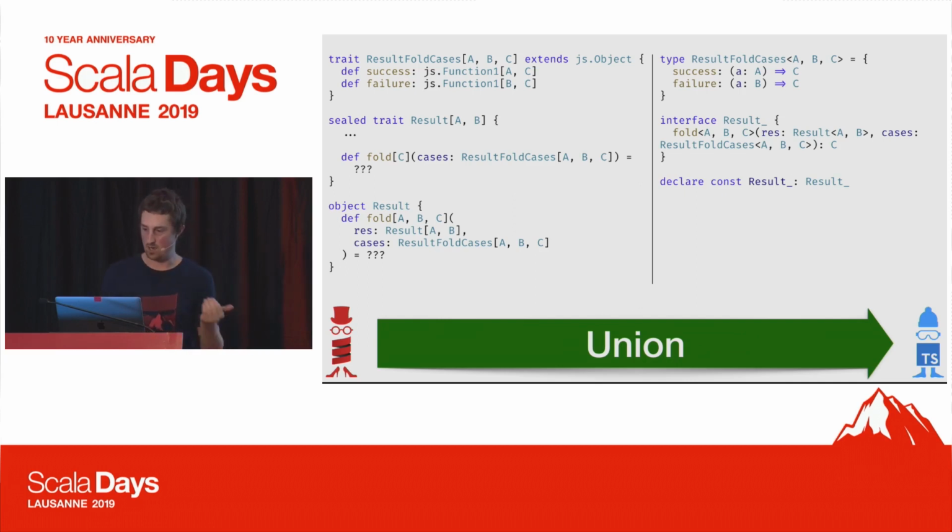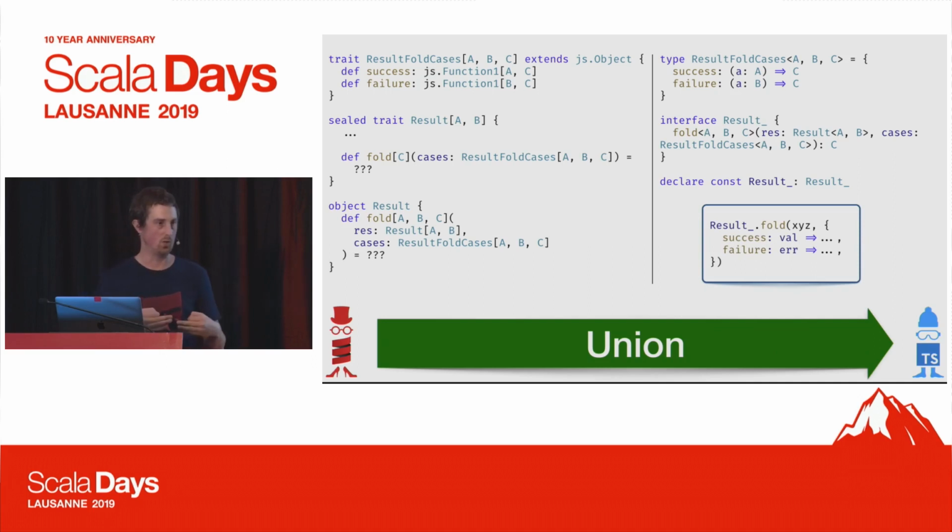It needs to inherit js.Object so that JavaScript semantics apply, including the ability to pass in a structurally conforming object rather than one that has to be nominally typed. And what that means is that we can call fold without having to supply the extra TypeScript stuff that we did in the previous slide. So we get the same ergonomics without the extra types being necessary.